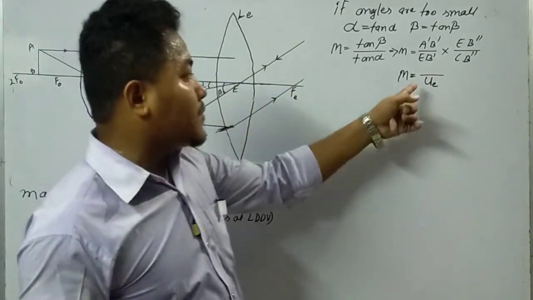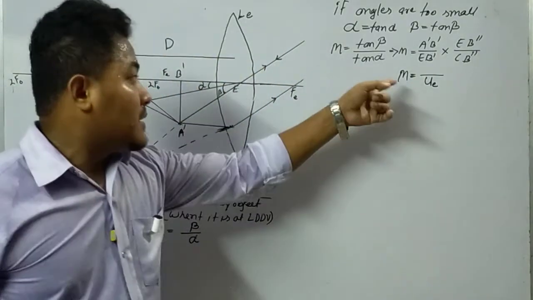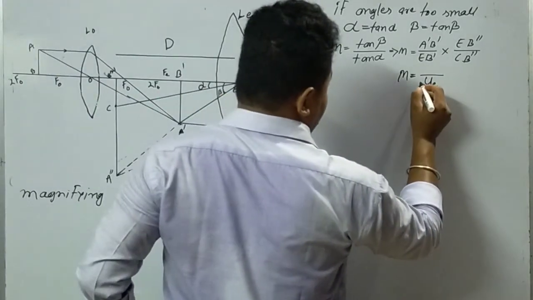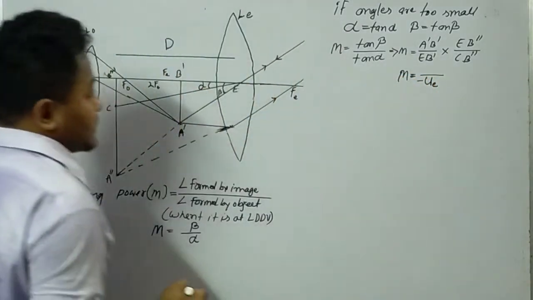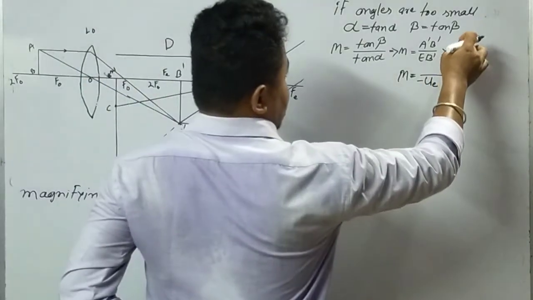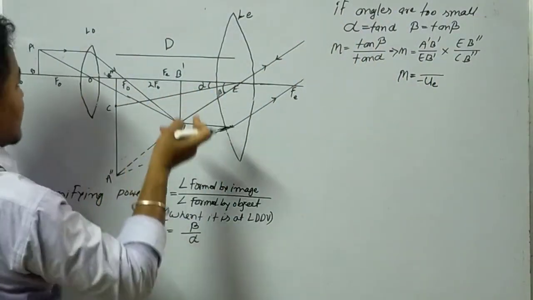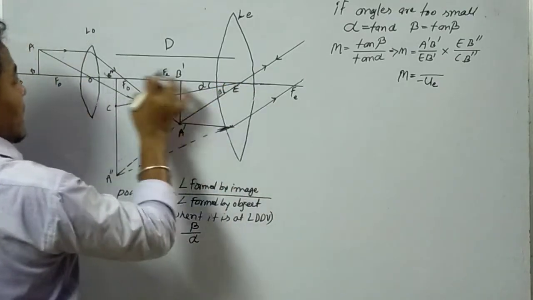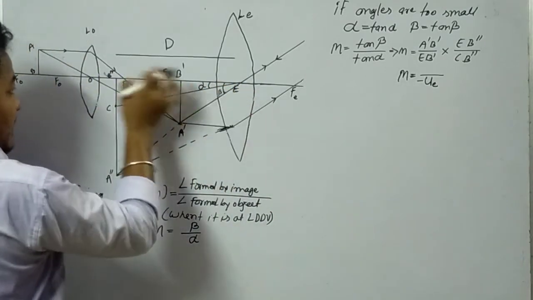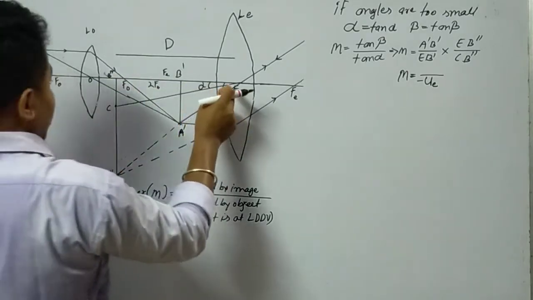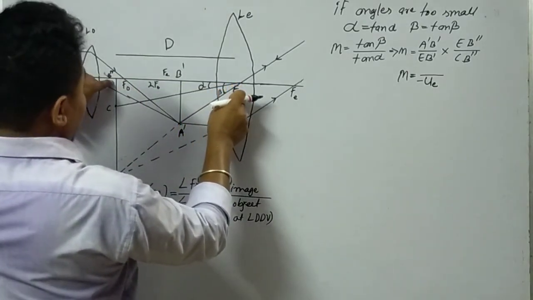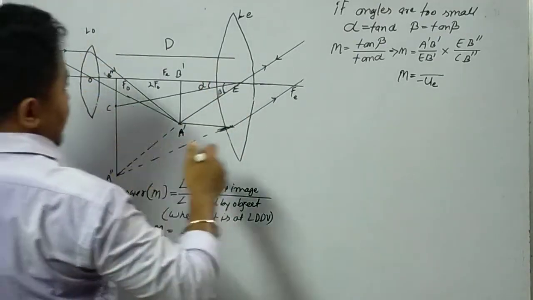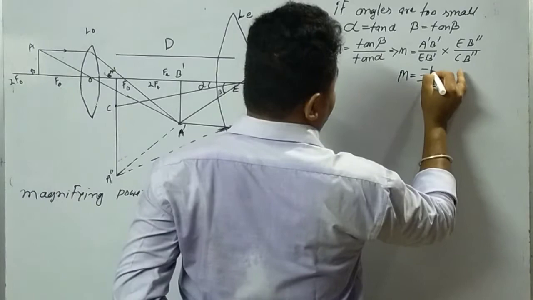UE means object distance for the eyepiece lens, and this object distance is going to be minus. This is E B double dash, which is the least distance of distinct vision, and this is D, and this is going to be minus.